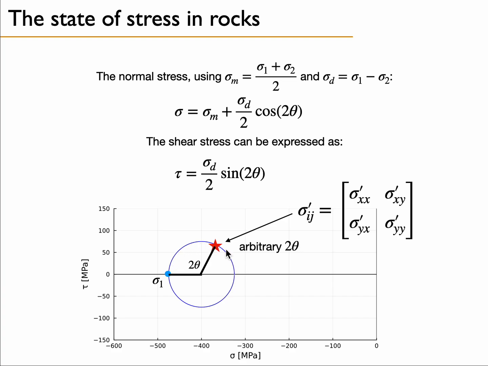So that defines all the possible stress states. So here, if we have a reference stress, which was a diagonal matrix, any rotation of the stress will produce stress states that now include shear stresses. So we have an arbitrary stress state, we'll have all the components.